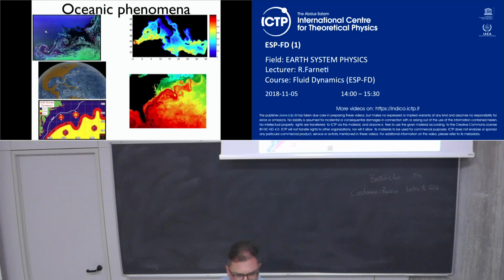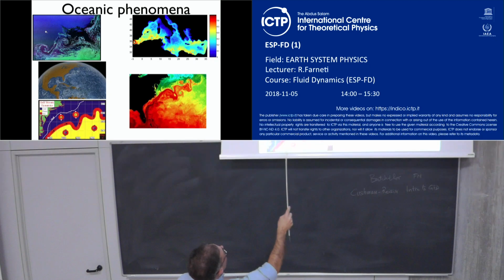Oceanographic phenomena, of course. Very similar examples, but slightly different. This is a satellite picture of, I think, somewhere close to the Arctic Ocean. What you see in green or bright colors is sea ice, and the dark blue is the seawater.